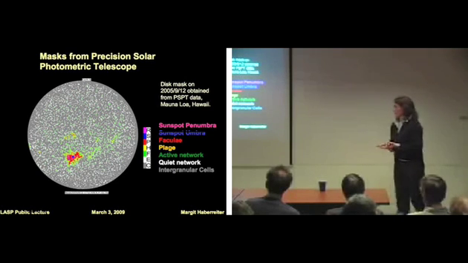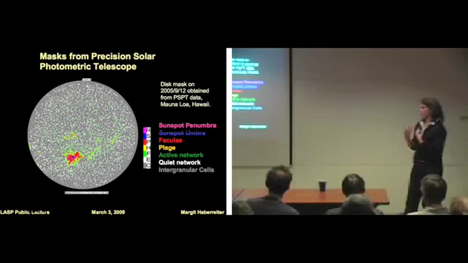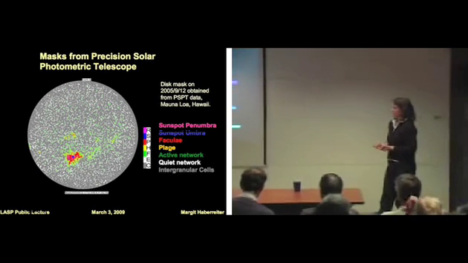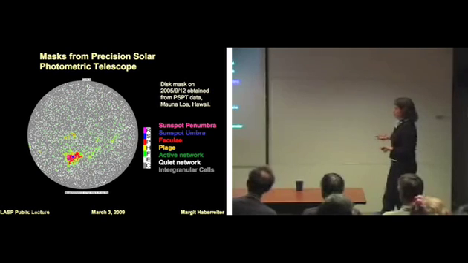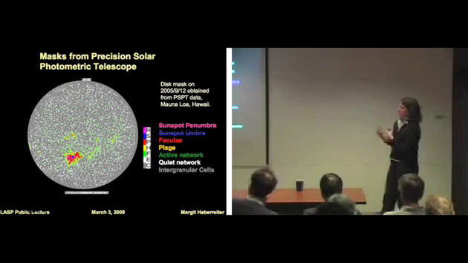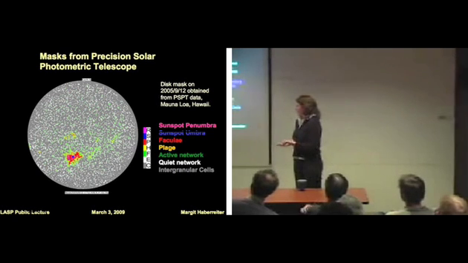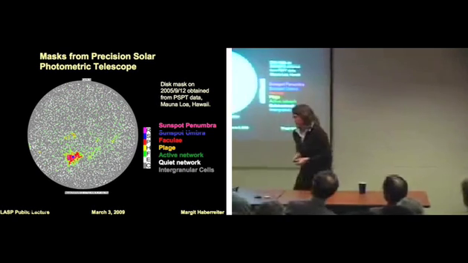And now each of these features is considered to emit a very characteristic spectrum. If we do the feature identification each day, then we know how much area is covered by each of these features. We can weight the spectrum that is calculated from these features, and then derive a temporal variability of the spectrum.